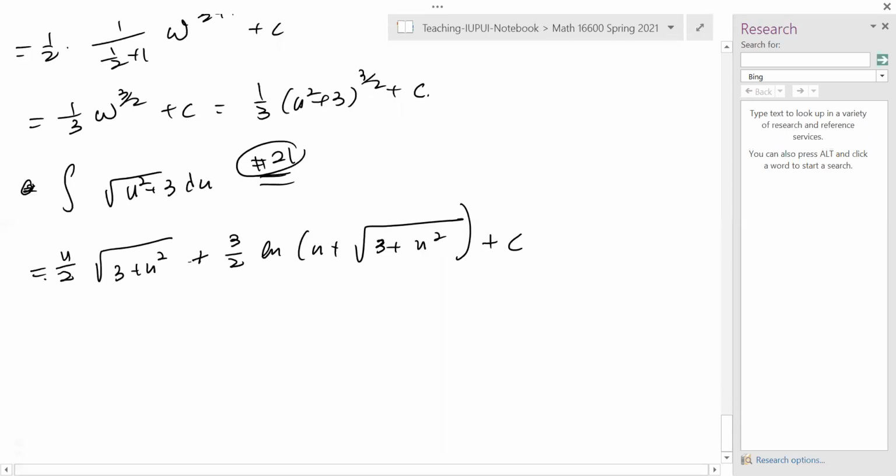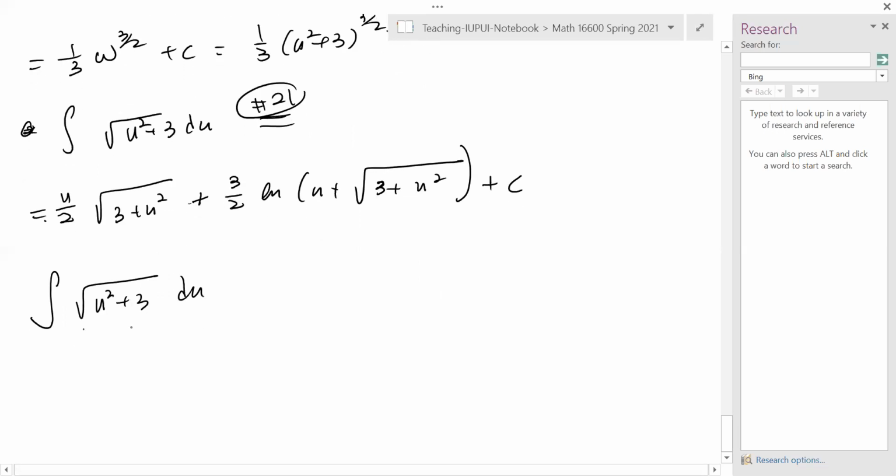I just said that you can change the integral of the square root of u squared plus 3 du by integration by parts.